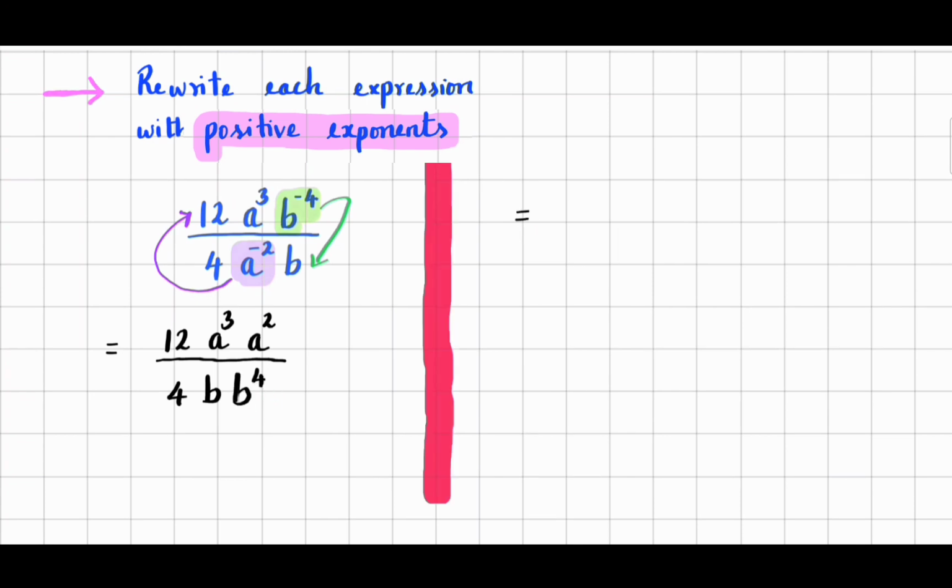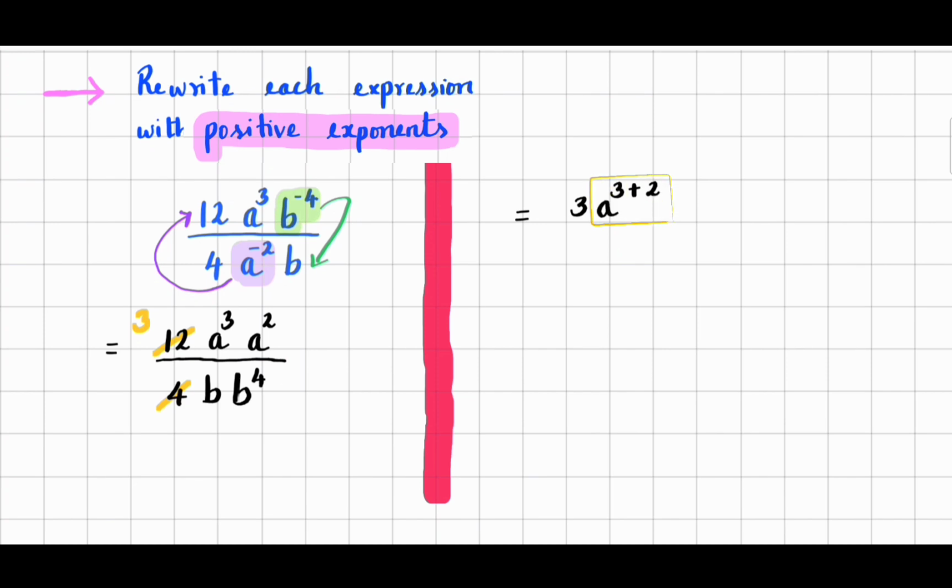Now let's simplify. We can cancel the numerator 12 and the denominator 4 by the common factor 4. We get 3 in the numerator. Then here, we can apply the product rule which says that when the bases are the same, just write the base and combine the powers.